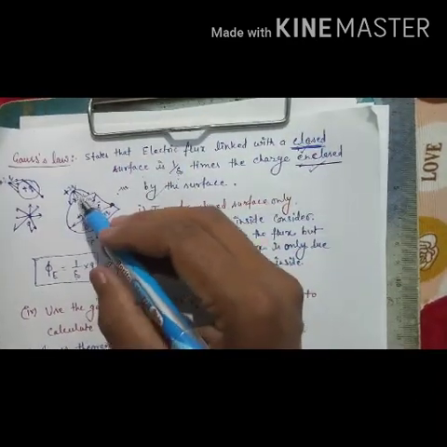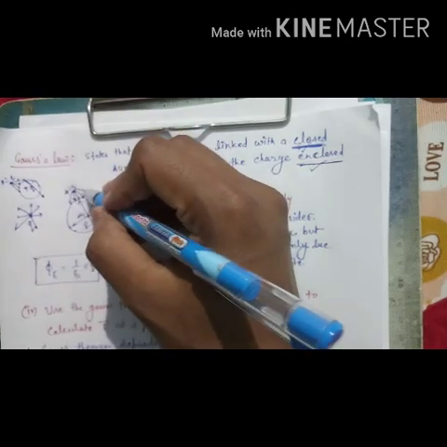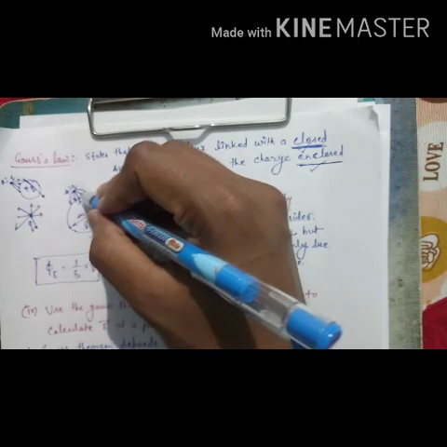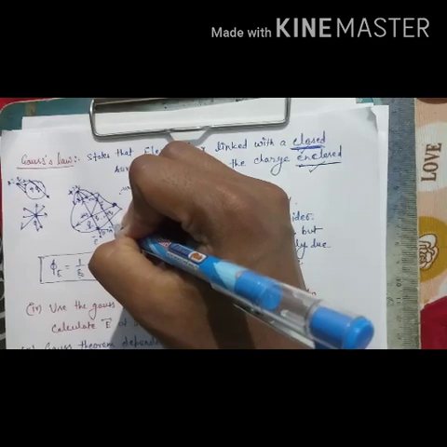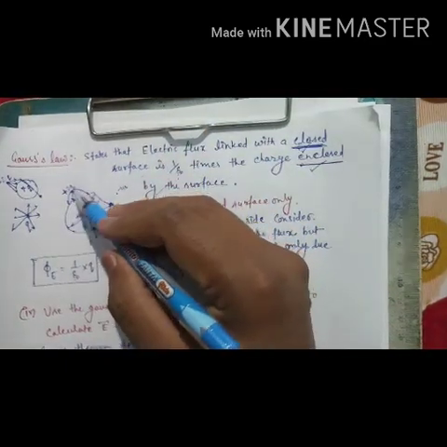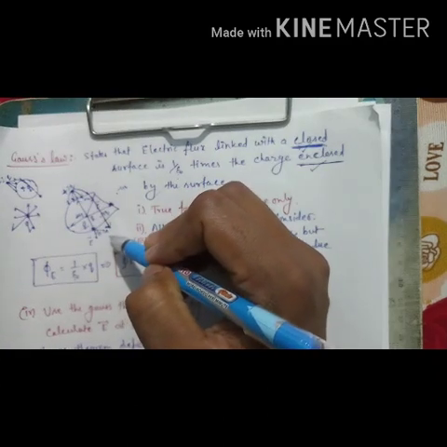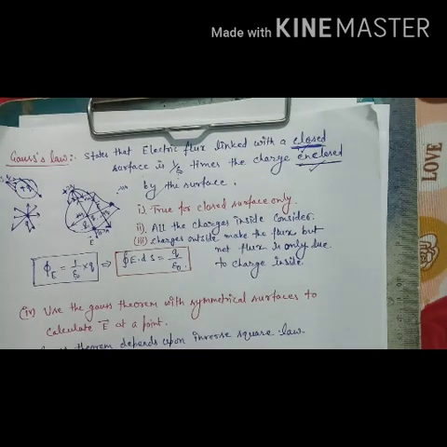This is the flux. Here the electric field lines enter the surface and go out of the surface. So incoming lines are equal to outgoing lines, which means the net electric flux will be 0 for a charge outside the surface.